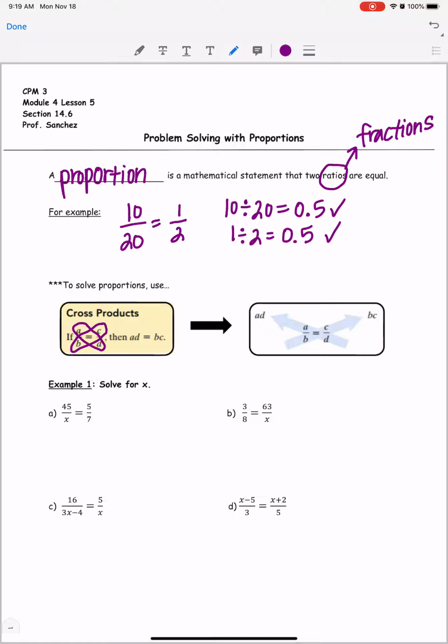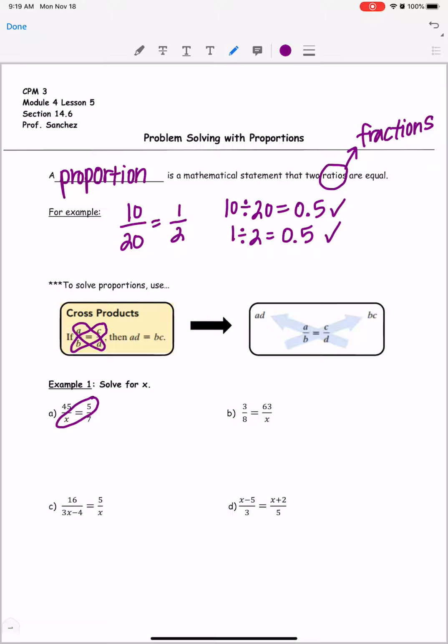So, example 1, we're solving for x. It does not matter which way you cross multiply first. You can either cross multiply this way first or this way first. It does not matter. I like to cross multiply where my x is.